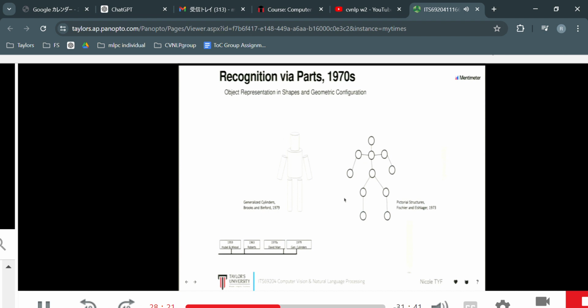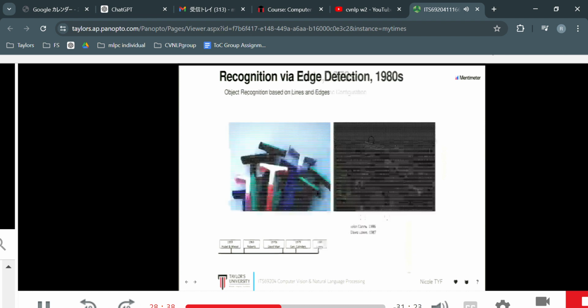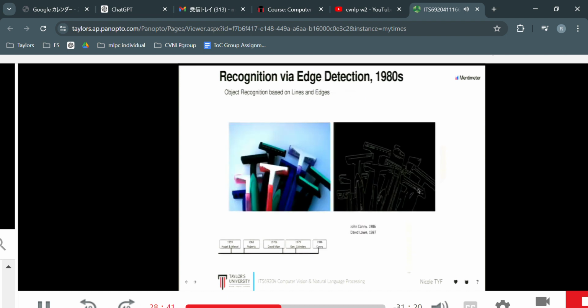With 1.4 million images, it is almost impossible to get graduate students to manually annotate every single image. So what they did was push the images to the internet, allow people to annotate them, and pay a very small amount of money to people who are willing to annotate these images.